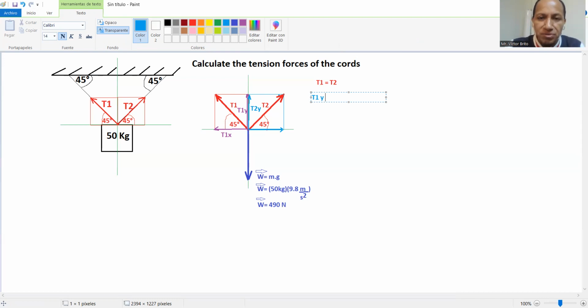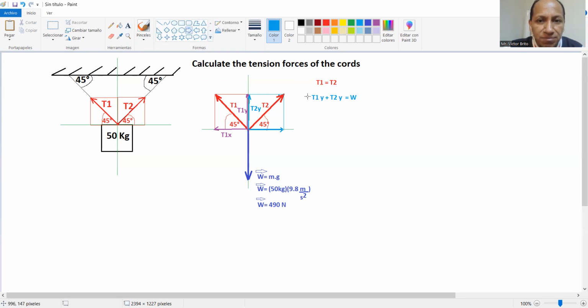Pointing upwards. So I'm going to add it to the tension 2 in Y. And that is going to be the same value as the weight, which is pointing downwards. I do not have to forget that both are vectors, so always with the arrow in the upper part. So the tension 1 in Y plus the tension 2 in Y equals the weight.